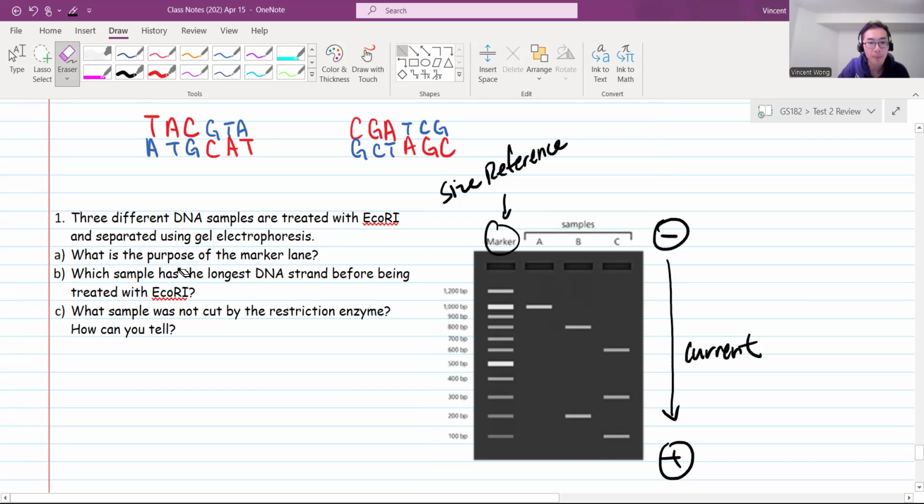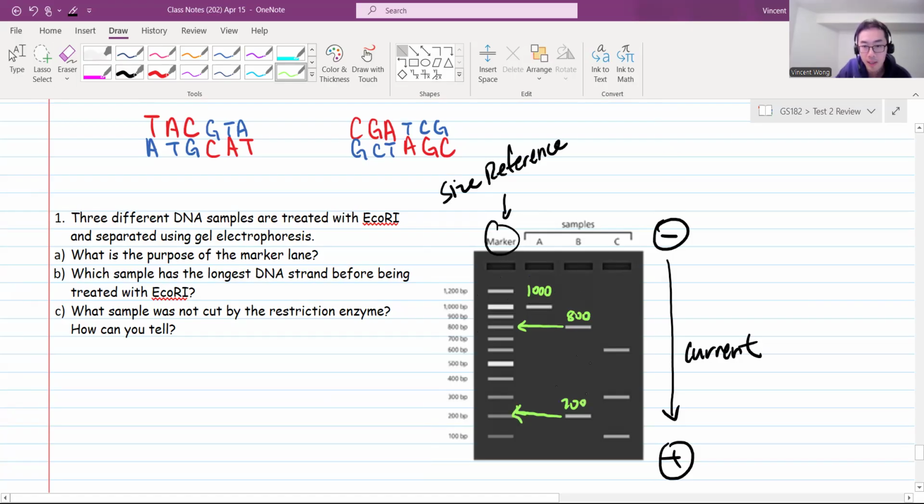So which sample has the longest DNA strand before being treated with EcoR1? So over here, I just read it off the ruler. It's 1,000. This one here is 800. Of course, it will be more clear on the test. This is 200.